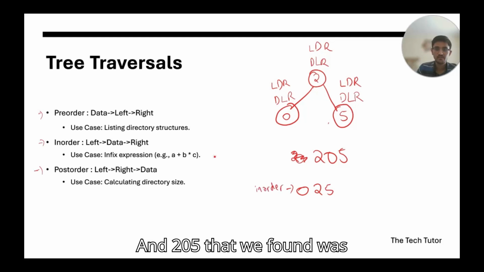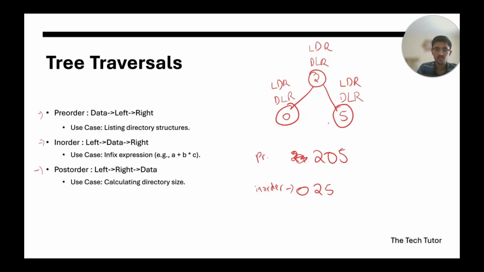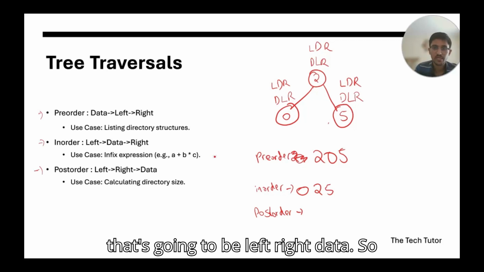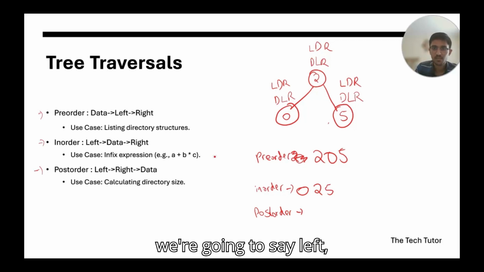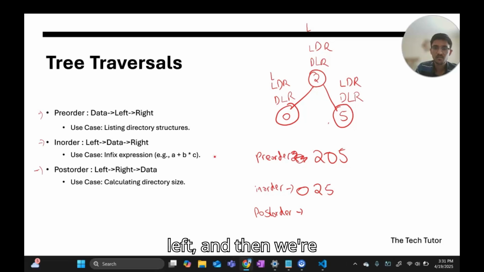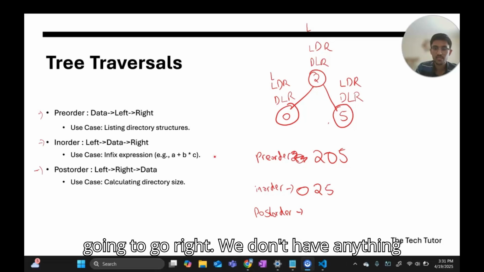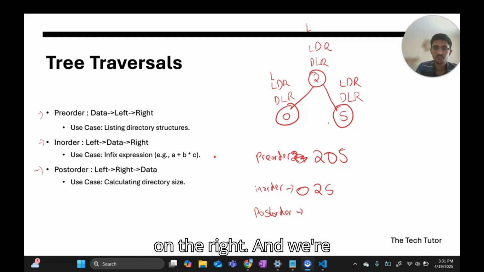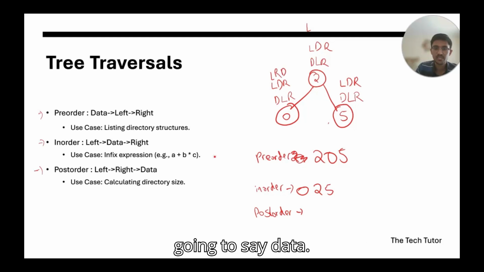And the 2, 0, 5 that we found was pre-order. And post-order is going to be left, right, data. So we go left, then left, and then we go right. We don't have anything on the right, and we say data.